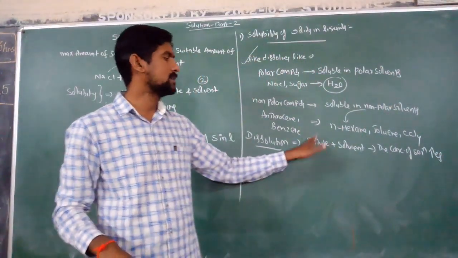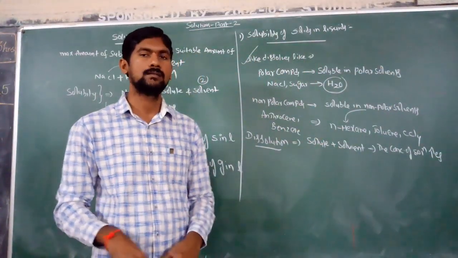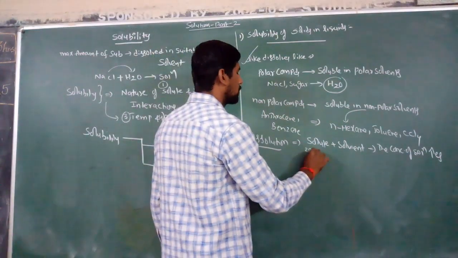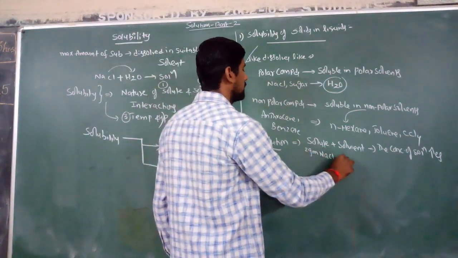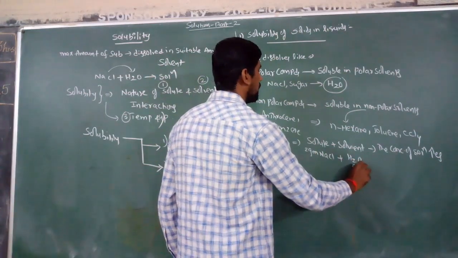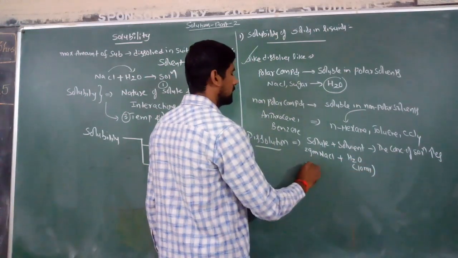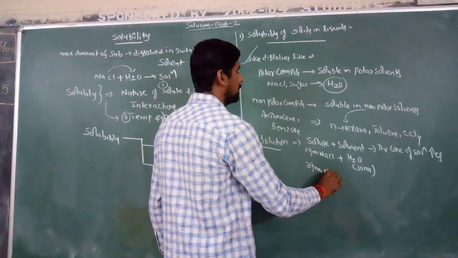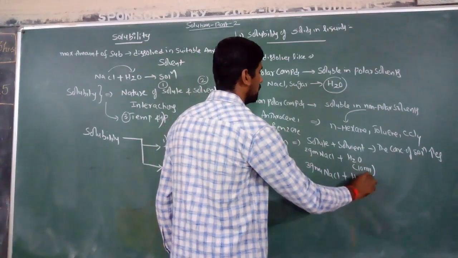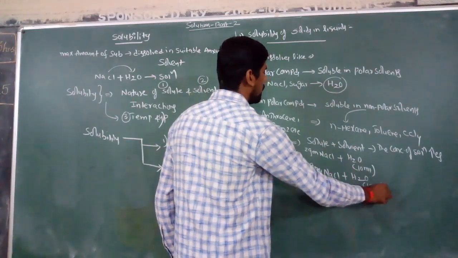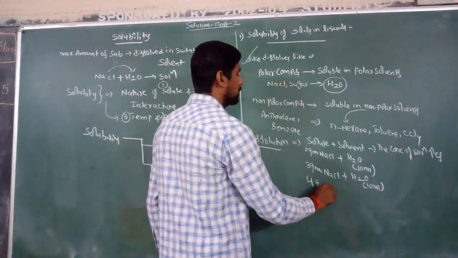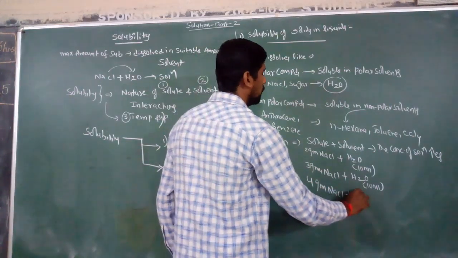When a solute is gradually added to solvent, for example, 2 grams of sodium chloride is added to 10 ml of water, then 3 grams, and then 4 grams of sodium chloride is added to 10 ml of water.